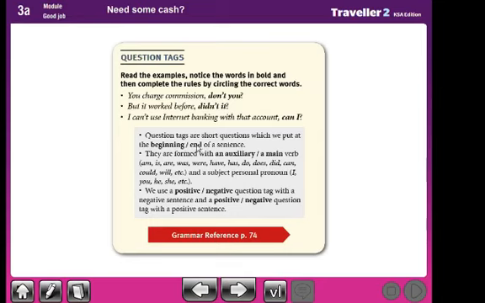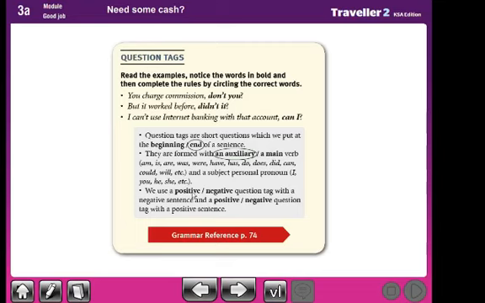They are formed with an auxiliary verb like am, is, are, was, were, have, has, do, does, did, can, could, will, would, shall, should, etc. And a subject personal pronoun like I, you, he, she, etc.